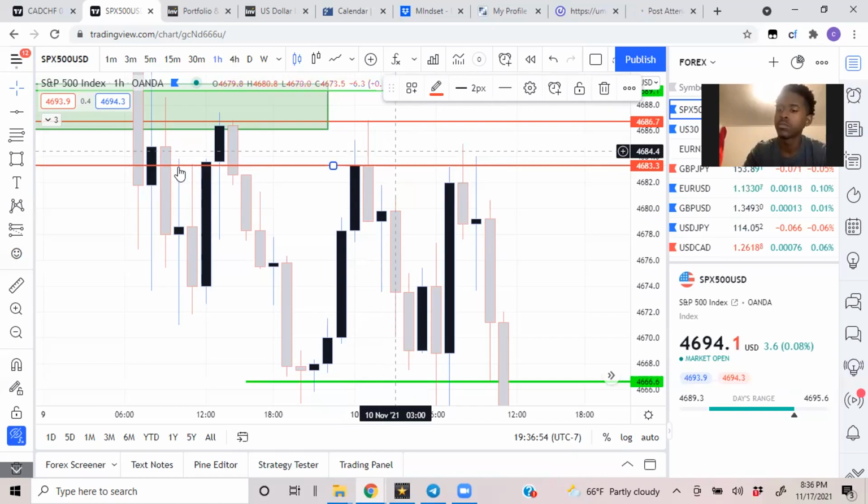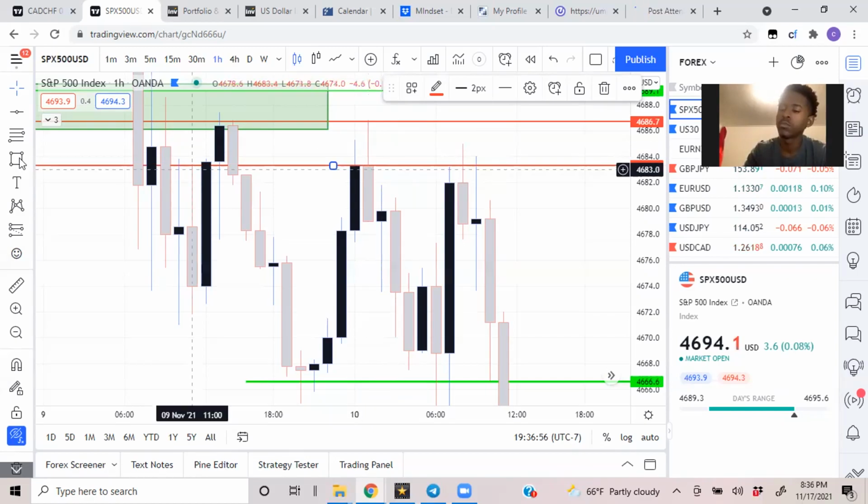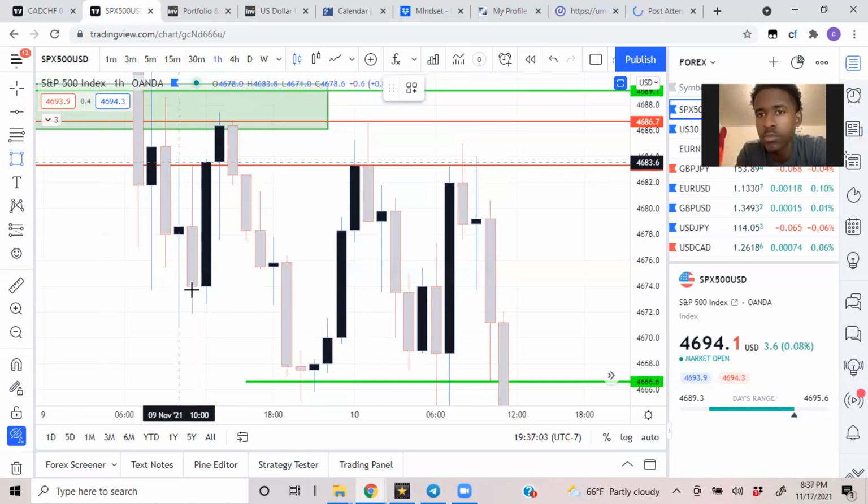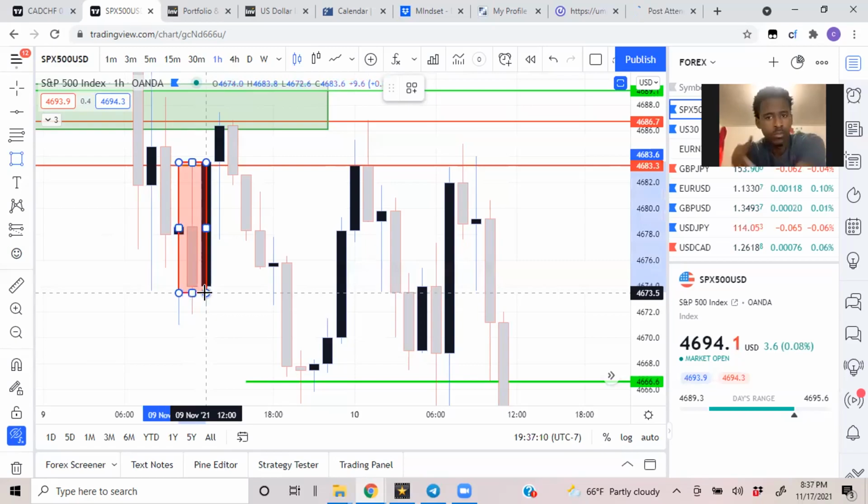So here in this example, we have our 2 wicks coming out of these 2 candles.